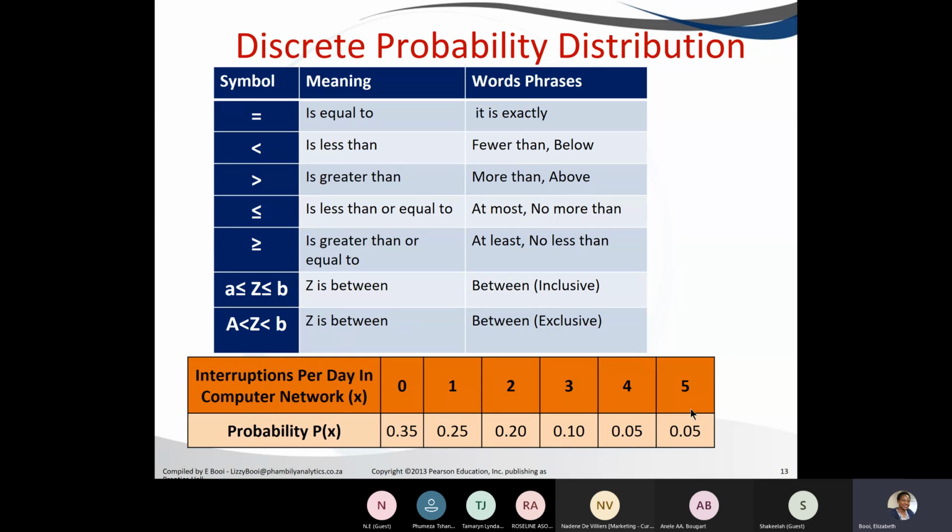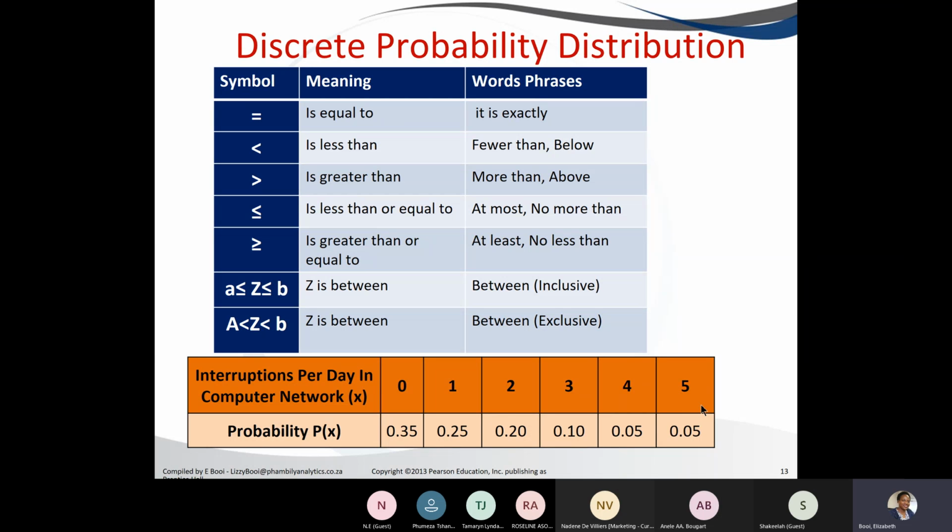In general, when they say X is between 1 and 2, it will include 1 and it will also include 2. So when you do discrete probabilities, they have to tell you explicitly whether X is between inclusive or exclusive, because there is a difference. When it's inclusive, it will include the two values.